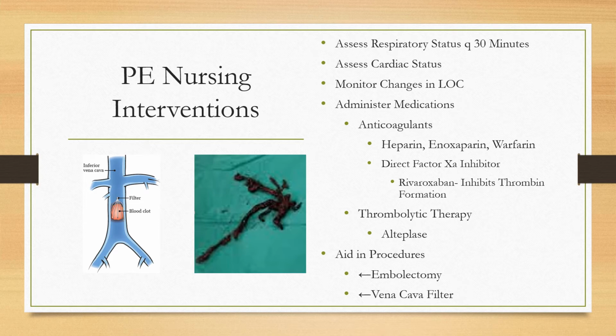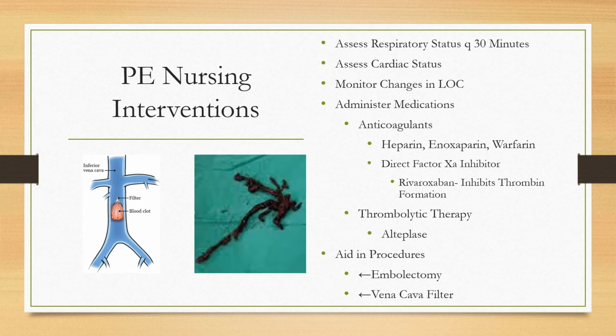They give predictable anticoagulation. Okay, we can start someone on warfarin. Remember, warfarin can take 3, 4, 5 days to become therapeutic. So while we're waiting for warfarin to become therapeutic, they need to either be on heparin or enoxaparin because they work right away, right?